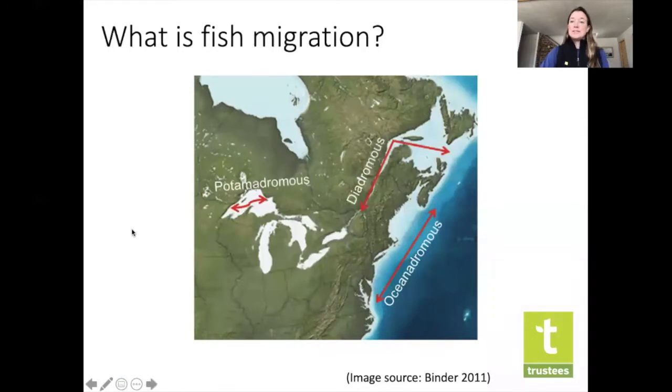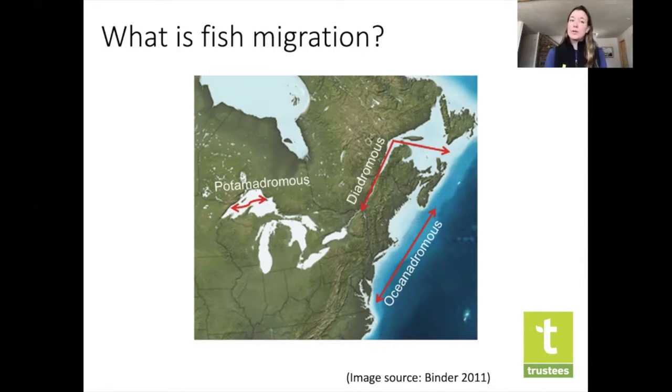So what is fish migration? In general, migration is a movement at a certain life history stage, so a certain stage of someone's life or a species' life, by the majority of the population for a particular purpose.